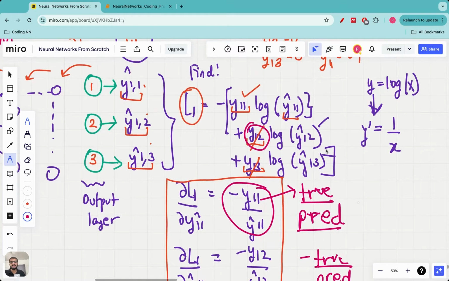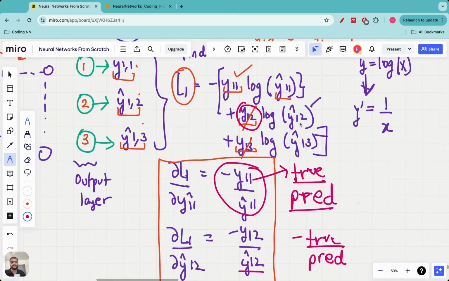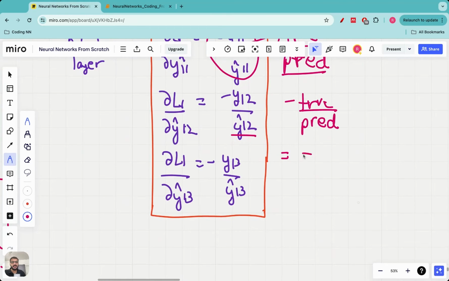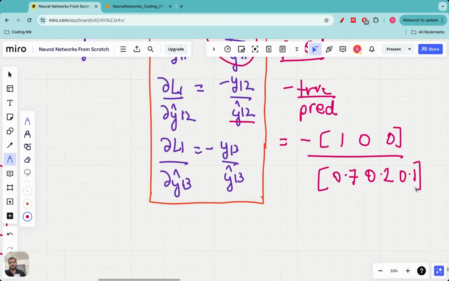If the true answer is 1, 0 and 0, then this vector will be negative of 1, 0 and 0 divided by my prediction. And if the prediction is equal to 0.7, 0.2 and 0.1, you will do a broadcasting here.